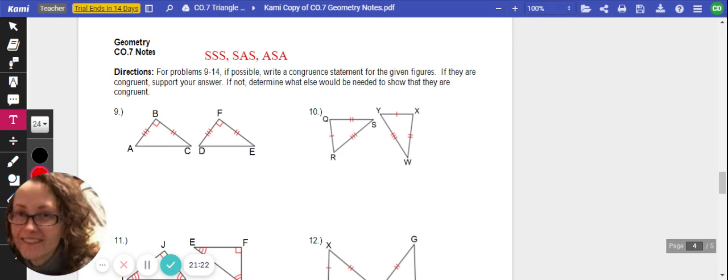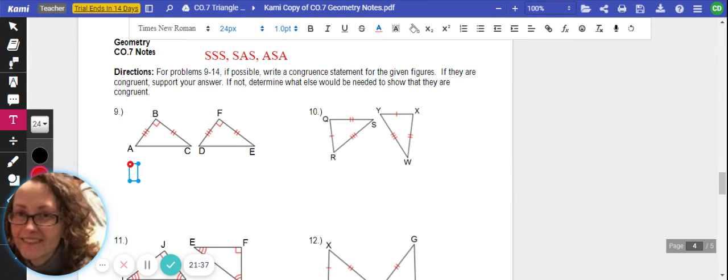BC and FE are congruent. And then the two angles B and F are also congruent. So that would be a side, an included angle, and another side. So it is possible to write a congruence statement, so I want to go ahead and do that.